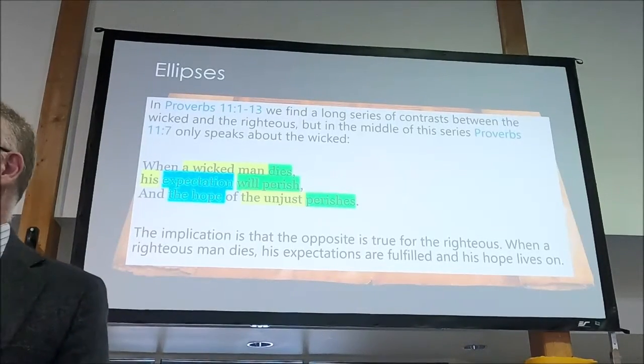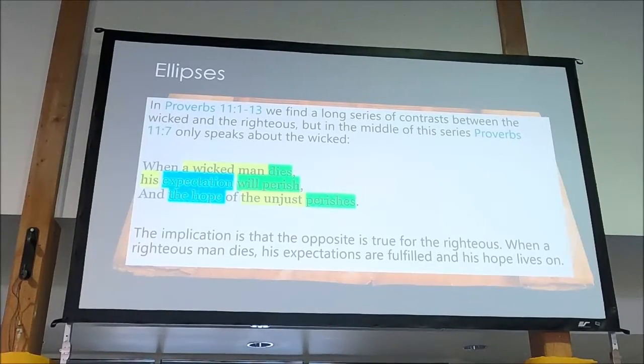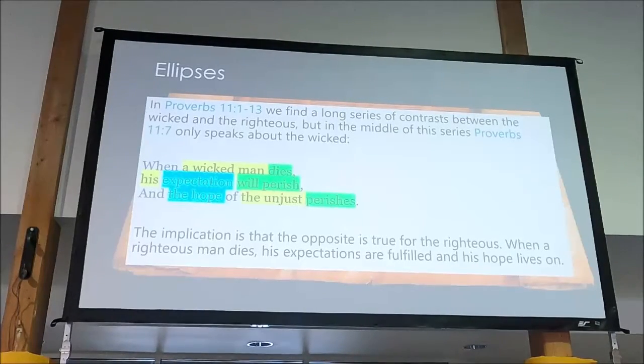If twice is emphasis, what's 3 times? A certainty. It will happen. A wicked man dies. He's going to perish. He's going to die. And with it, we're going to say bye-bye to any of his hopes or expectation. So what does that say about the righteous? It says that because there's contrast all around it, we should be able to take the opposite. It's being implied. So what's the opposite of this?